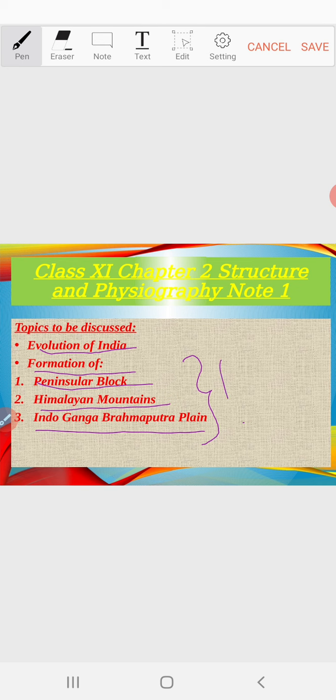So we will discuss the forces that are basically activating to create all these geological divisions of India. Now let us proceed to the first topic.